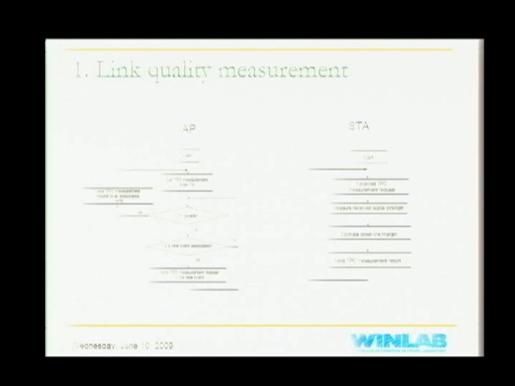Now to take a detailed look at each of these blocks, starting with link quality measurement: the AP sends out 802.11h TPC requests periodically, in our implementation every 100 milliseconds, 10 times a second. Whenever a new station jumps in, it starts transmitting TPC requests to that station too. On the station side, once it receives a TPC request, it calculates the link margin.